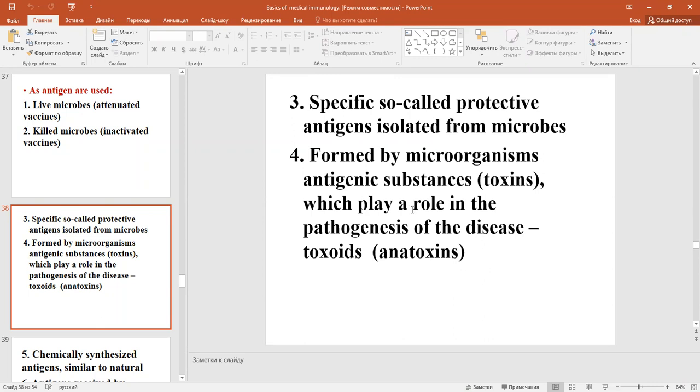We are going to create antitoxic immunity, and exotoxins are isolated and treated with formaldehyde for 37 days at a temperature of 38 degrees Celsius. And finally, we remove toxic properties, but it's still the same protein, and preparations made of them are named toxoids, anatoxins. Toxoid in English, anatoxin in Latin, and they are used for specific prophylaxis of toxinemic infections.